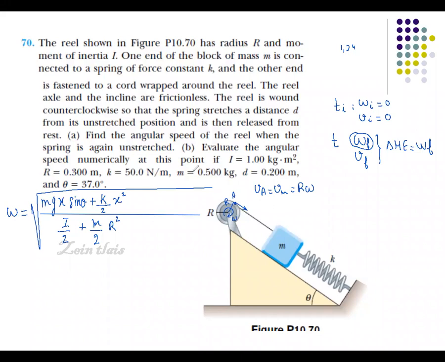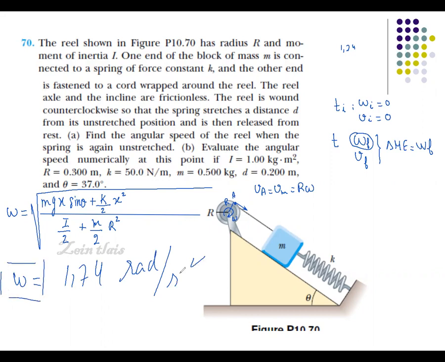Here I give you the numerical application. I give you the values of I, R, K, M, x, and theta. You can calculate directly the value of omega, which is equal to 1.74 radian per second. This is the value of omega.